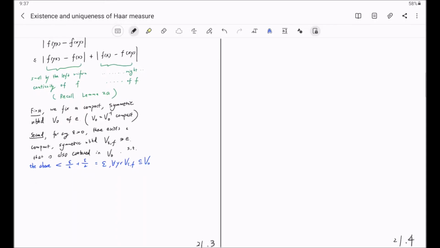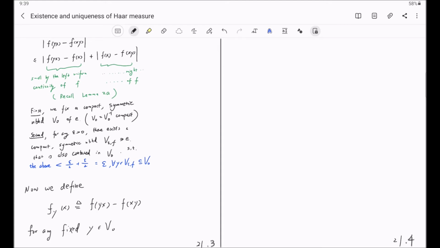Okay, now let's move on. Now we define f sub y of x as the thing inside this absolute value notation, namely f of yx minus f of xy, for any fixed y in V0.